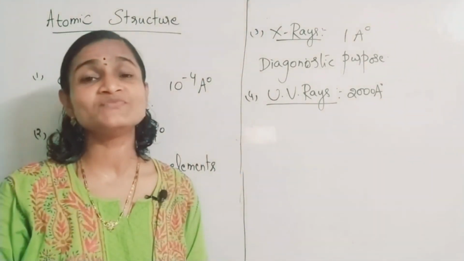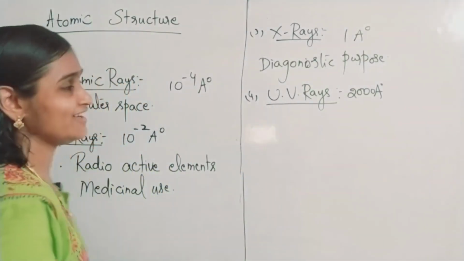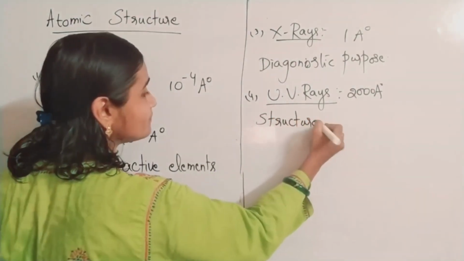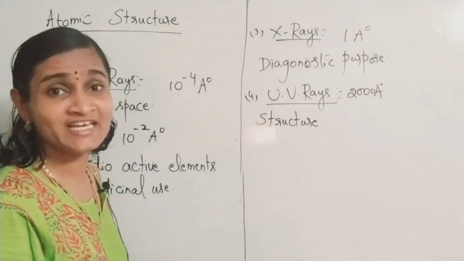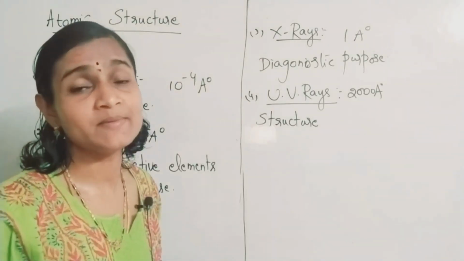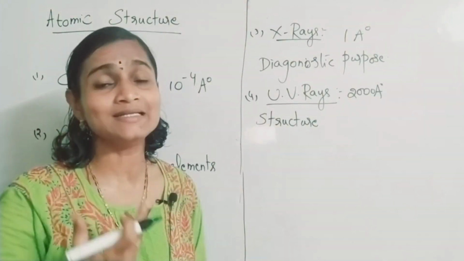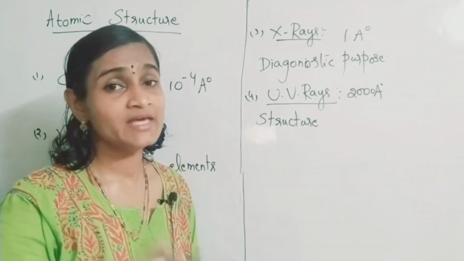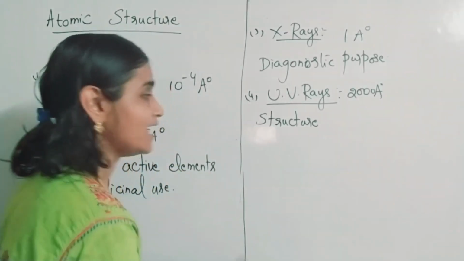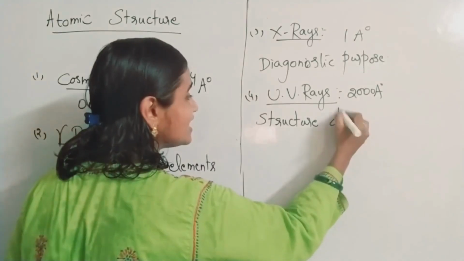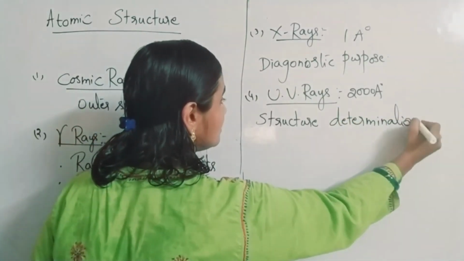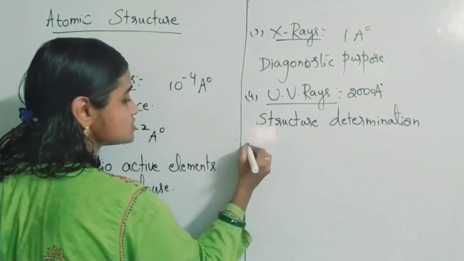UV rays are useful for structure determination, to determine the structure of atoms, and at the same time the structure of certain small biological particles like cells. Even infrared radiations are also used for structure determination. 2000 angstroms, just remember.